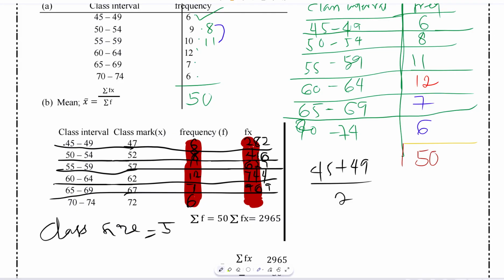Let me write that part very well again. So that's that one first. Then we have the last one, 72 times 6. This is 432.